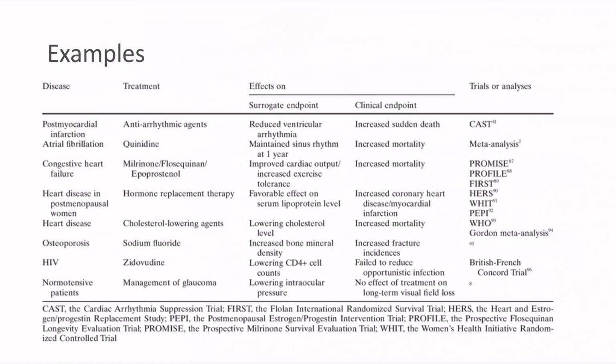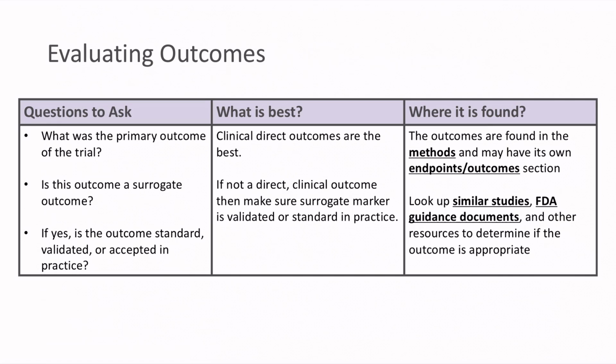Here are some examples of surrogate outcomes and what we did, and the surrogate endpoint and the clinical endpoint that were used. So when evaluating outcomes, what you want to do is first figure out what the primary outcome is. Is this a clinical outcome? Because that's probably what's best, or a surrogate outcome.